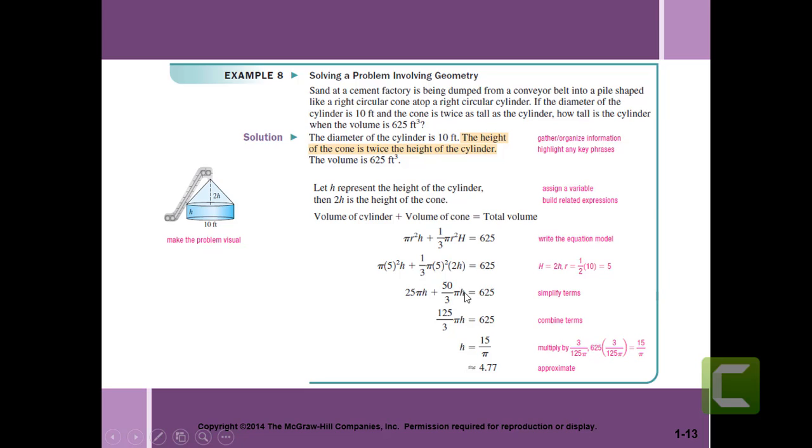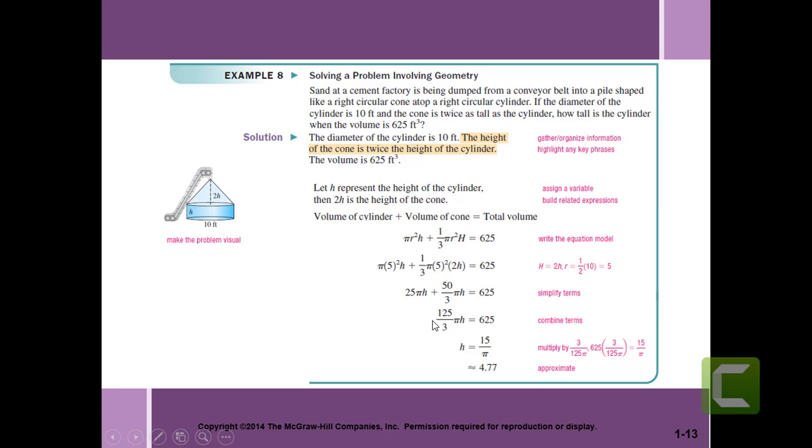Now what we're going to do is factor out the h, or add, since these are like terms. So this is 25 pi plus 50 divided by 3 times pi, which gives us, if we get a common denominator, 75 plus 50, which is 125. So we get 125 divided by 3 times pi h equals 625.